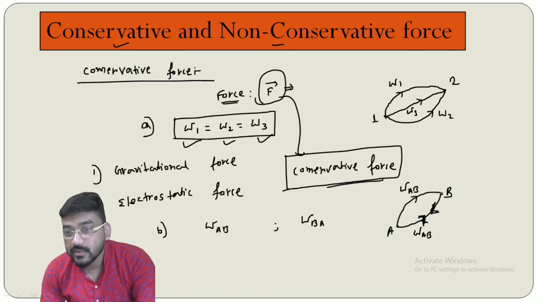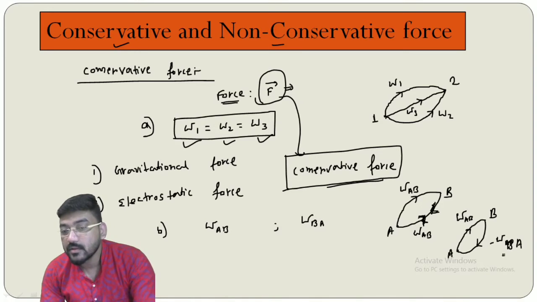In that case, the work done from B to A: if this is point A and this is point B, and this is WAB, then when you talk about B to A, WBA will be minus WAB.